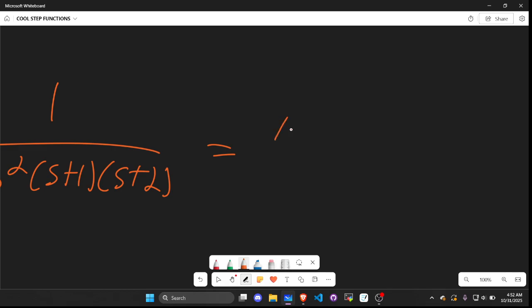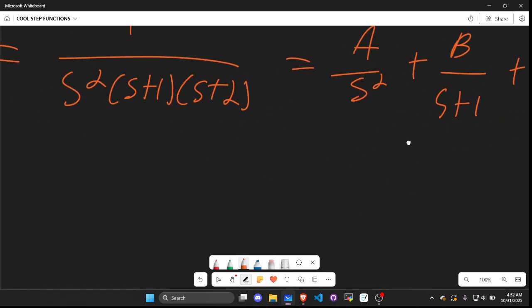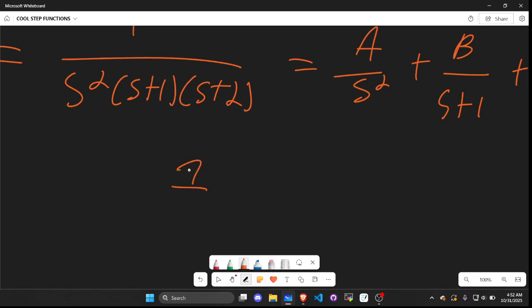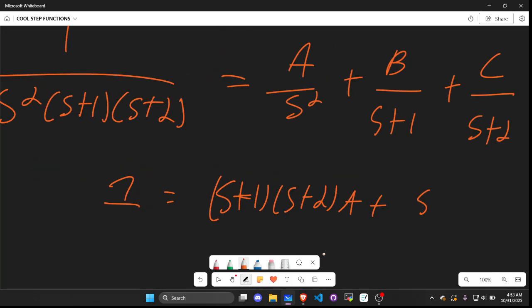So we'll just rewrite it in its partial fraction form. You break up the denominator into 3 parts, and you're able to evaluate it that way. And then we're just going to rewrite it as 1 equals s plus 1 times s plus 2 times a, plus s squared times s plus 2 times b, plus s squared times s plus 1 times c. This is an ugly plus sign.